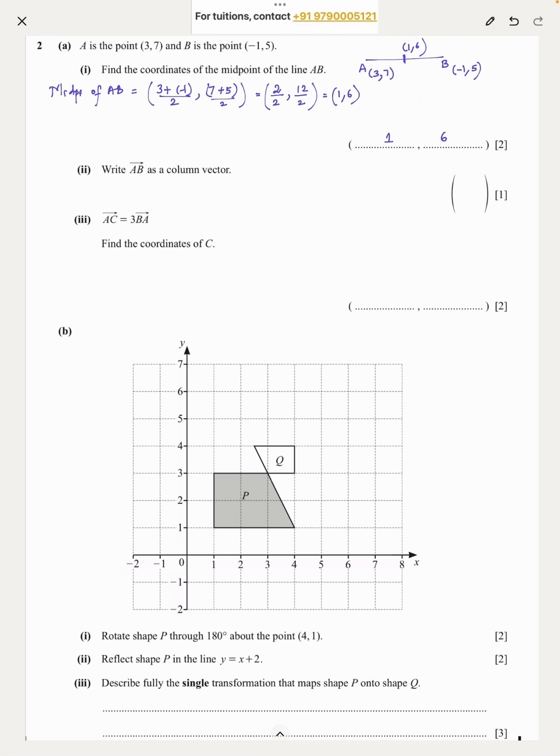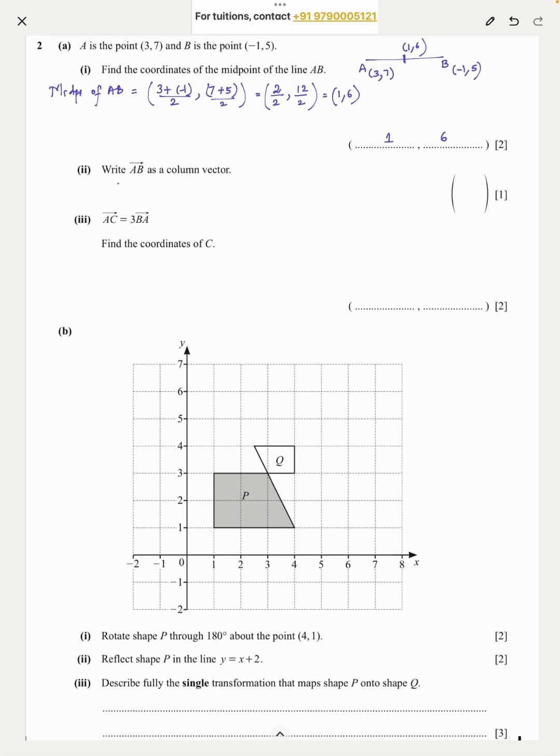Second subdivision: write AB as a column vector. They have not given AB directly to us. So we have to first figure out what AB is, and then it has to be represented as a column vector. So AB is the distance of this line. Very simple.